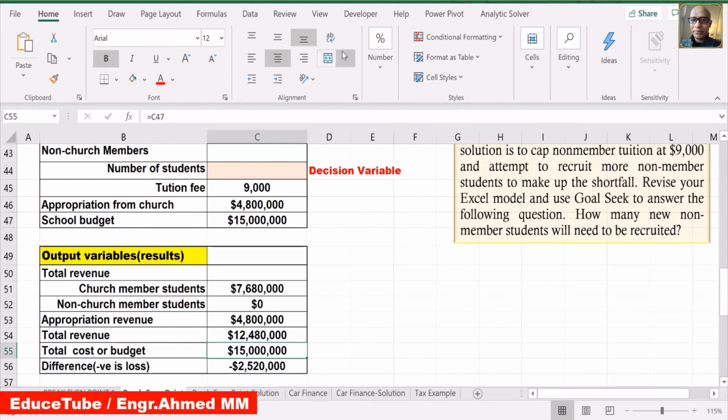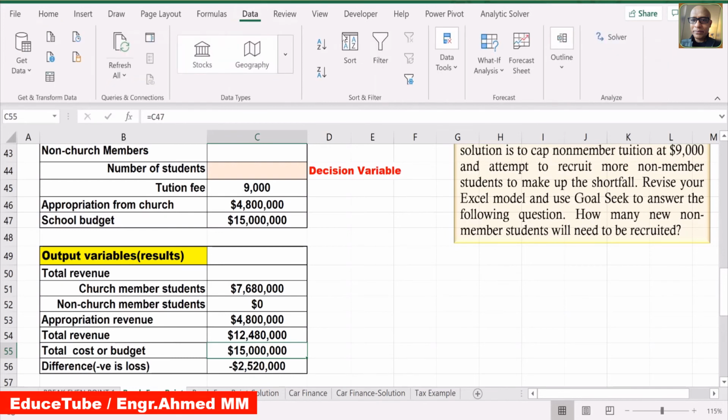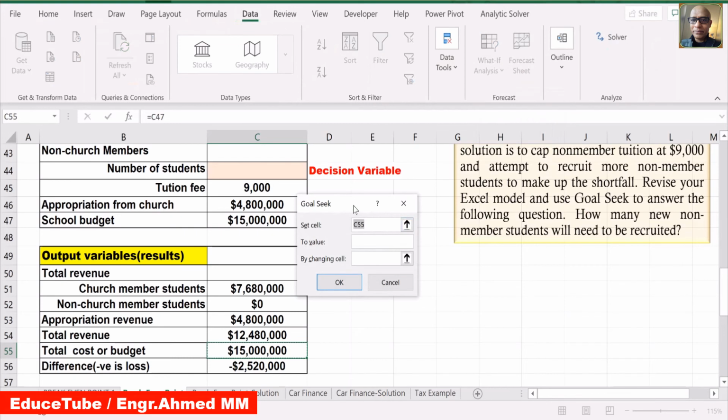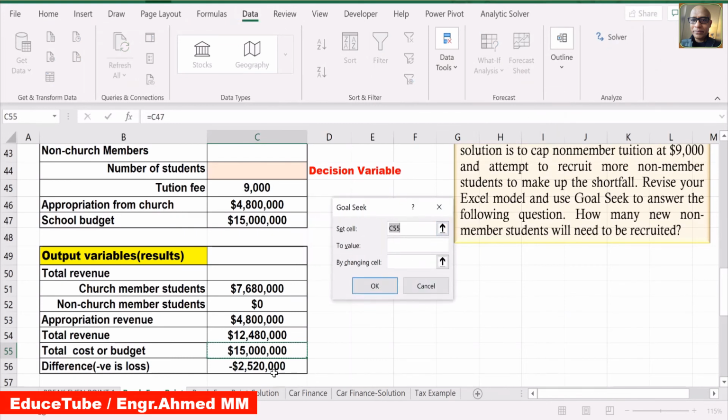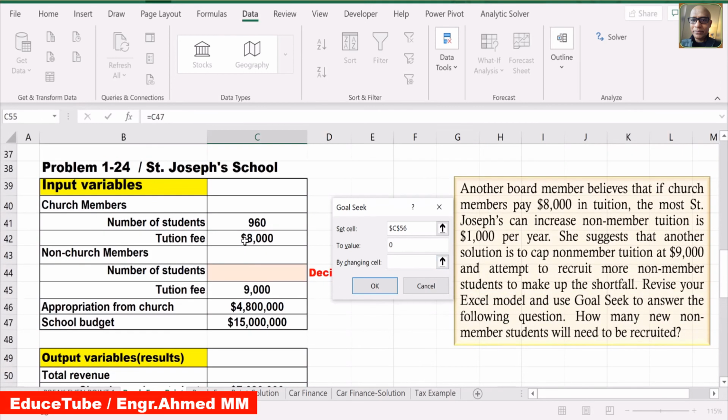Now we bring up Goal Seek. I select this one to be 0 by changing the cell, which is the number of students.